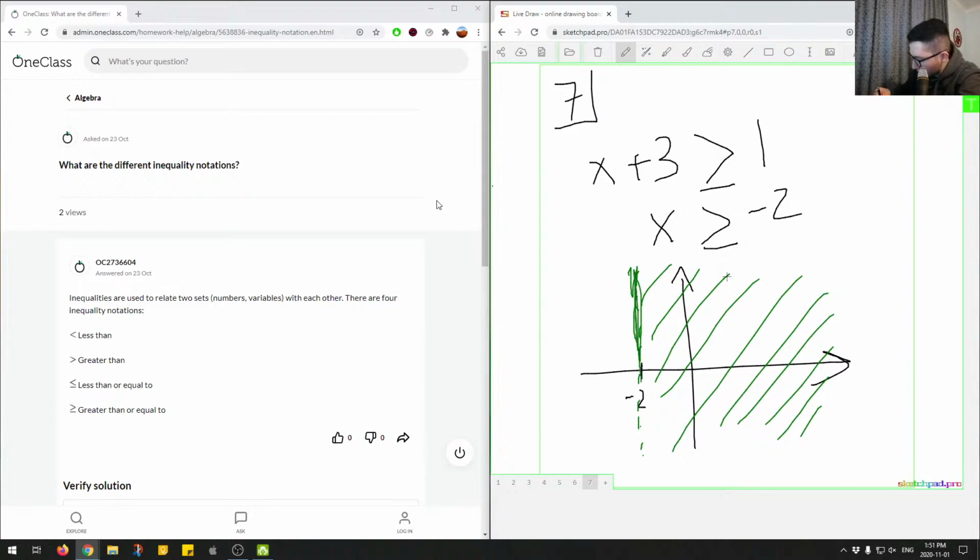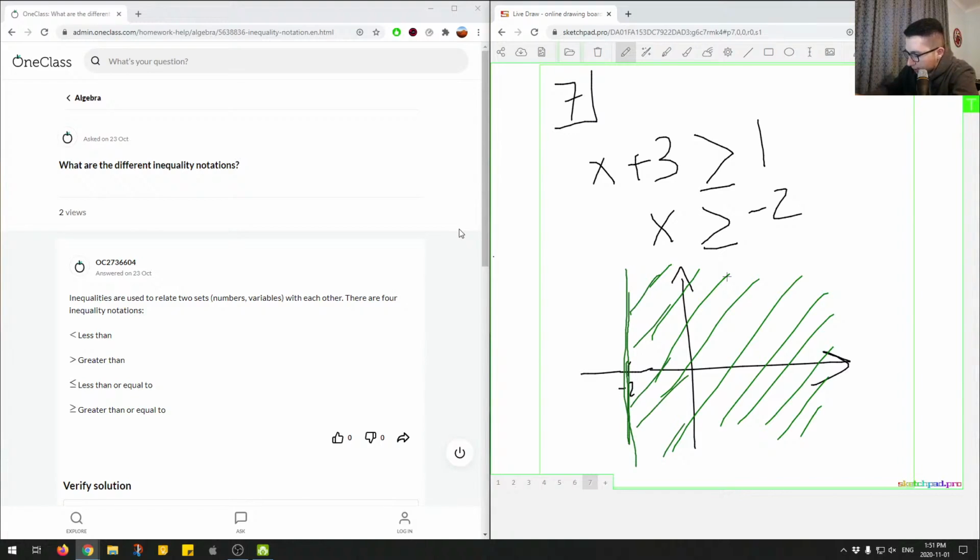There would not be a dotted line, it would just be a solid line. It's a little messy, but essentially just a straight line. Here, I'll redraw it quickly. We have negative 2, and we have a straight line through negative 2, and it's this area over here that's represented by that equation.